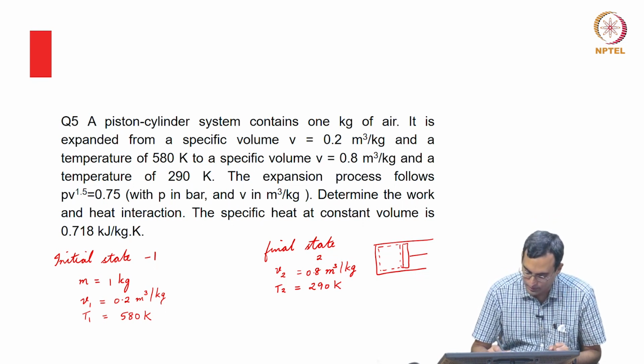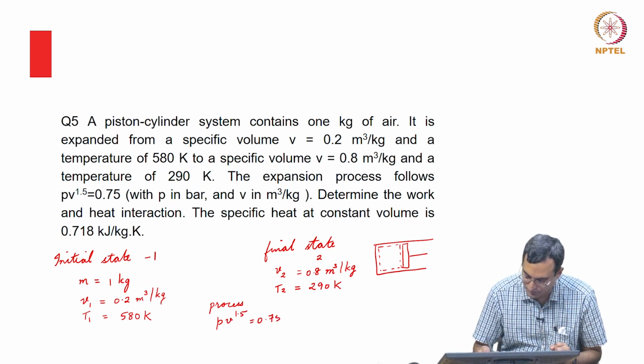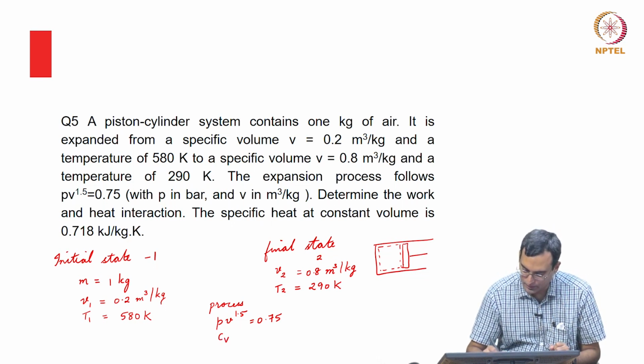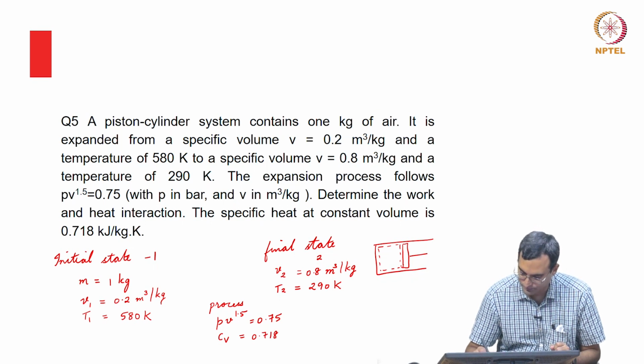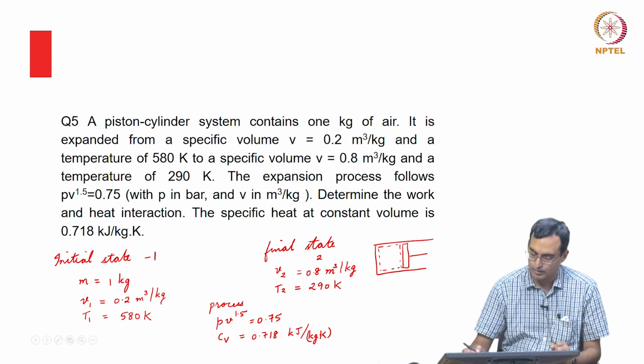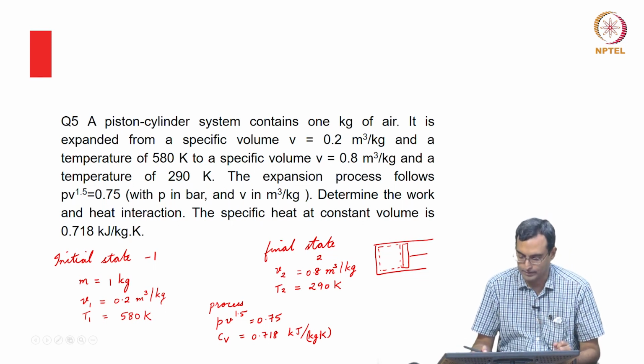We are given that the process follows PV to the power 1.5 is 0.75, and we are also given the value of CV, which is 0.718 kilojoule per kg Kelvin.